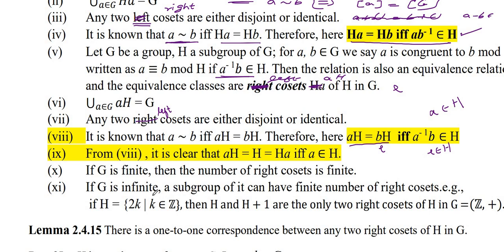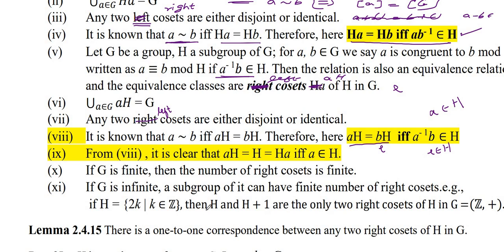Then the next question will arise: if G is infinite, then should we have for a subgroup of it an infinite number of right cosets? The answer is no. For example, if you consider G to be the group of integers under addition and H to be the collection of even numbers, then we can have only two right cosets. One is H itself, the other one is H plus 1.